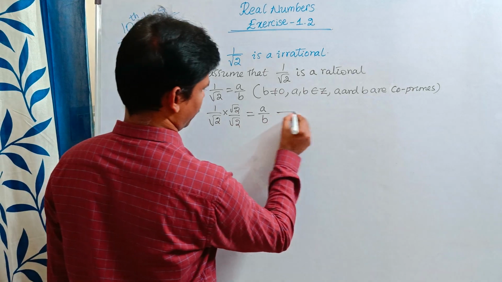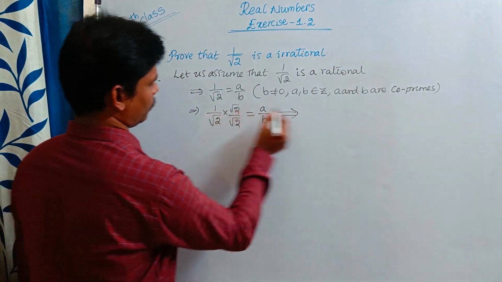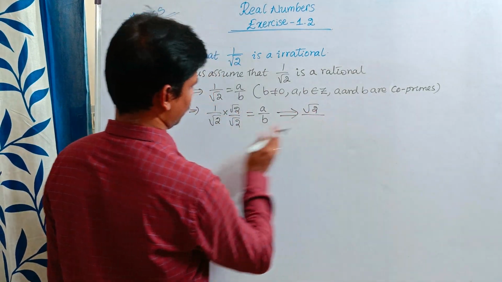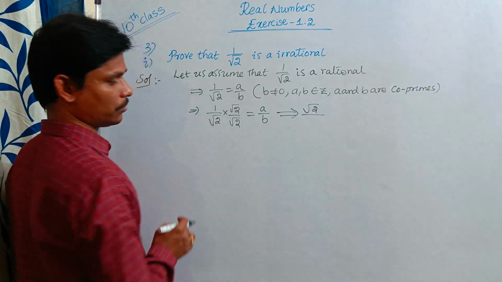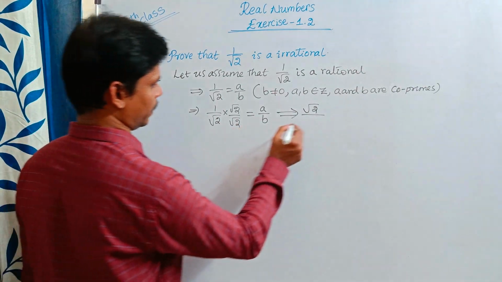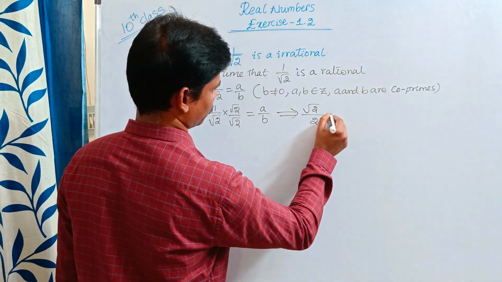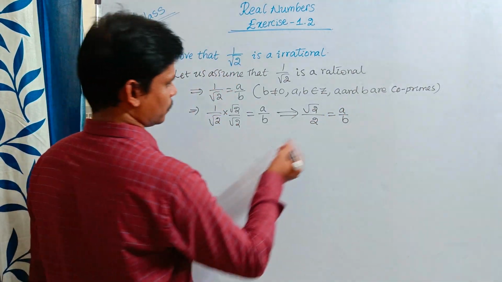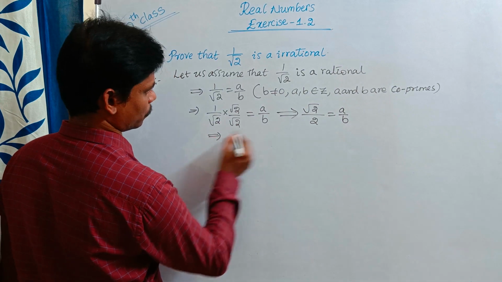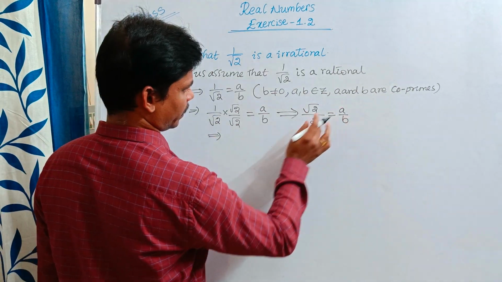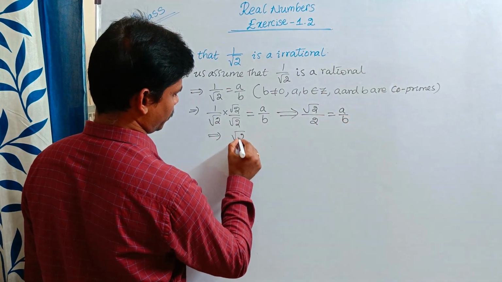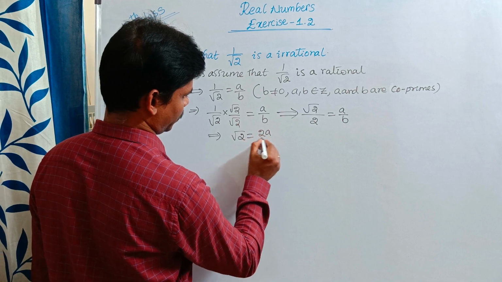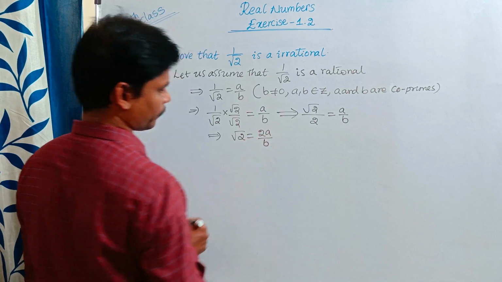What will happen here? 1 into root 2 by root 2 into root 2 whole square. Square root cancel. We will get 2. That is equal to a by b. So that is equal to, take cross multiplication. So root 2 is equal to 2a by b.